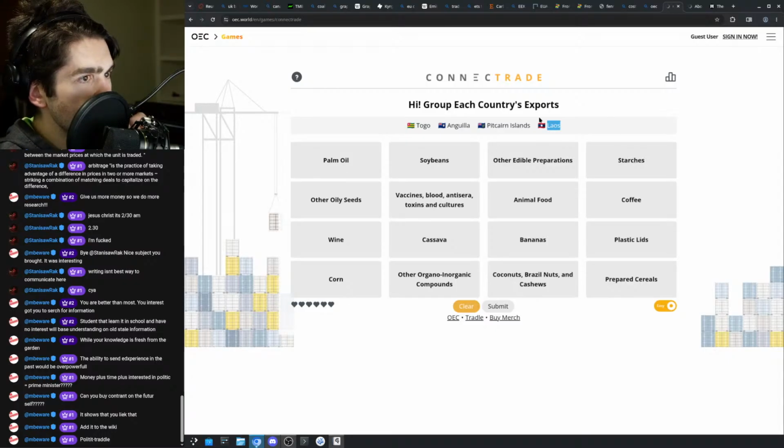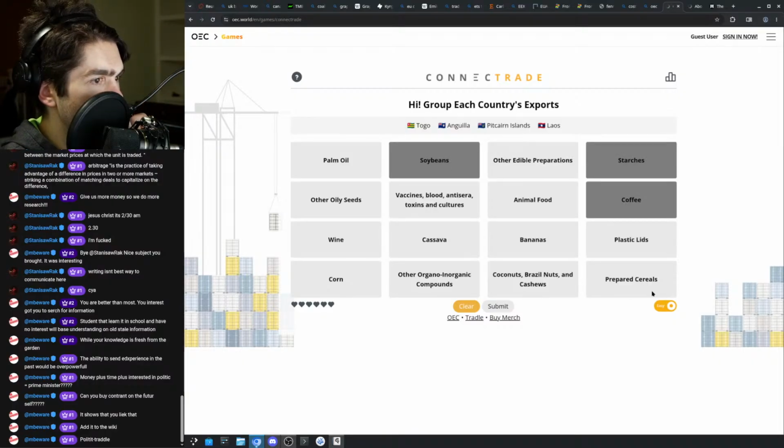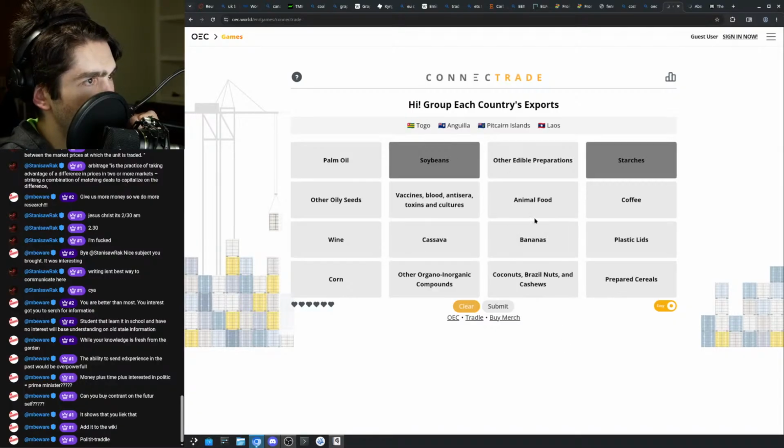Okay, so Laos, I would expect to have way more farm-related stuff. So soybean, starches, coffee. Oh man, maybe not coffee. Starches. Corn's not native from there. Banana? There's other places that can grow way more bananas, I guess.